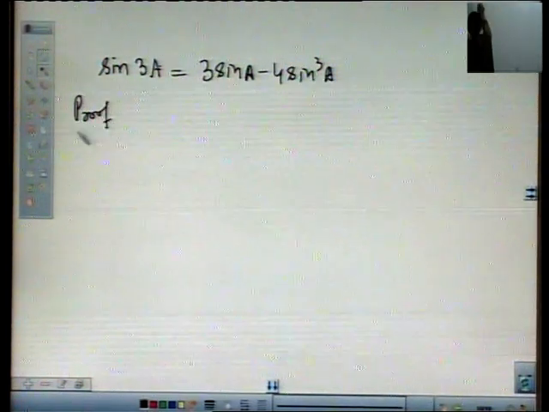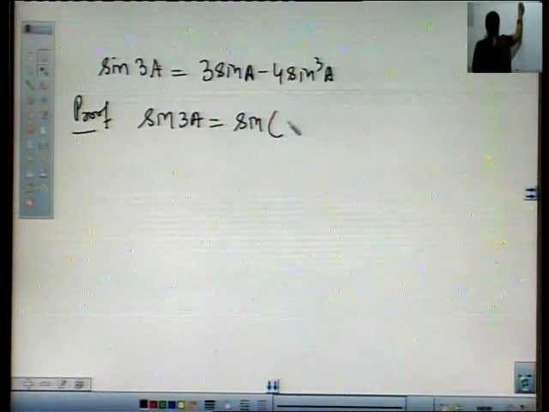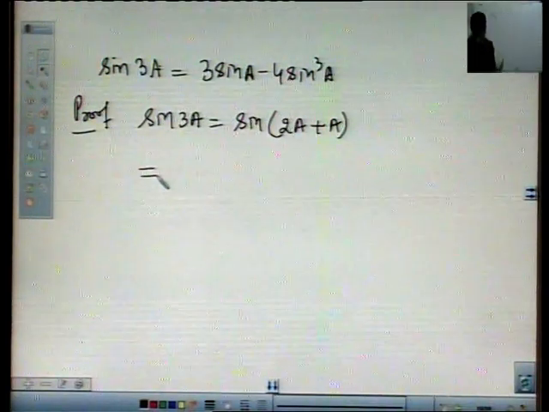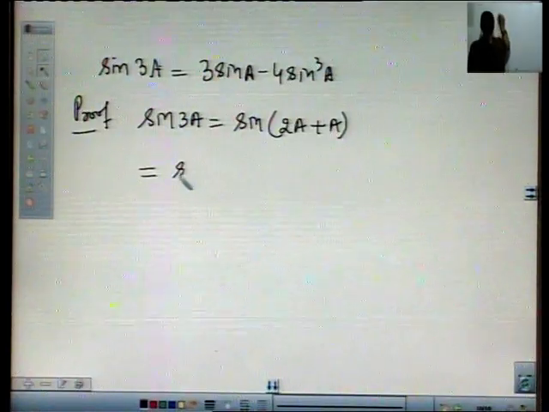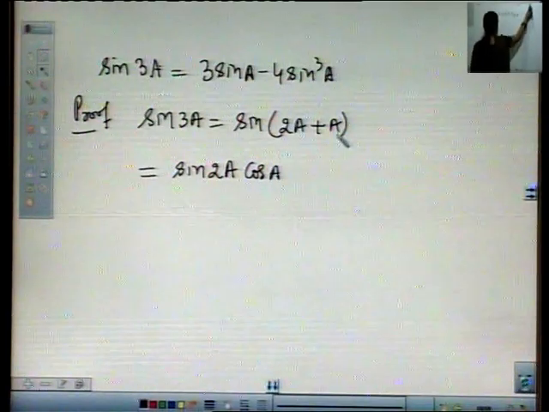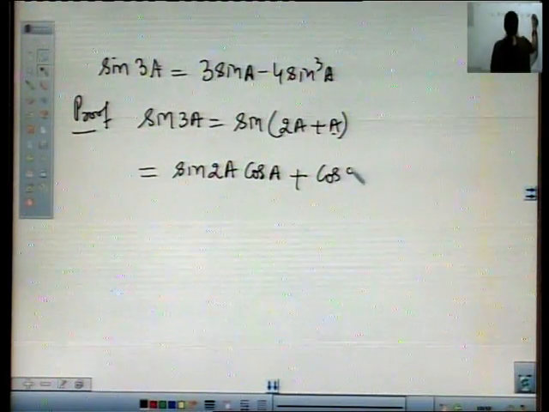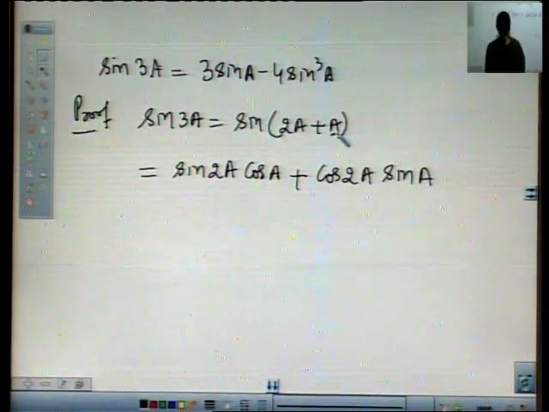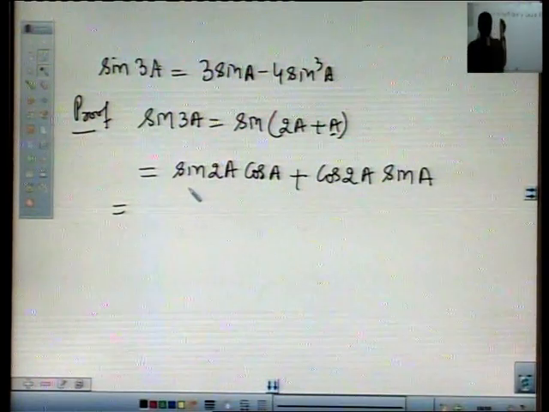Proof: sin 3a, we can write as sin of 2a plus a, and by applying the formula of sin A plus B, which is sin A cos B plus cos A sin B, where B means this a, and by applying the formulas of sin 2A and cos 2A.